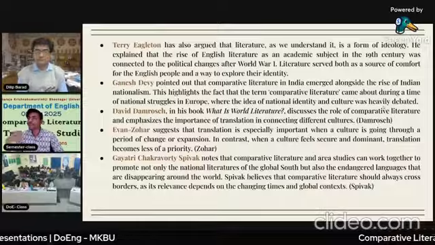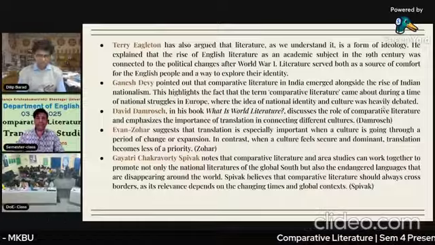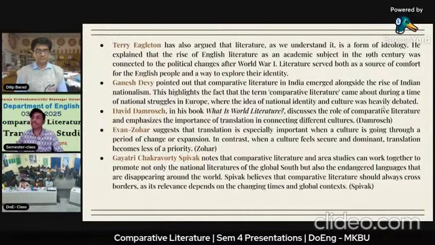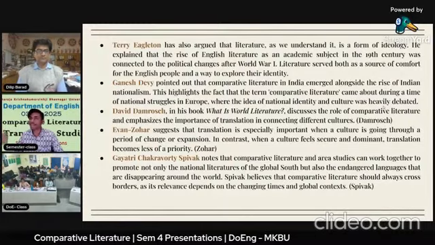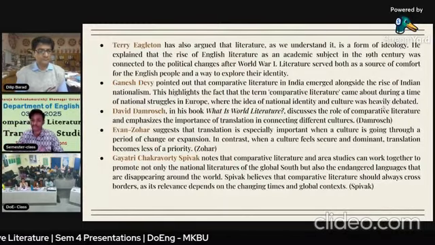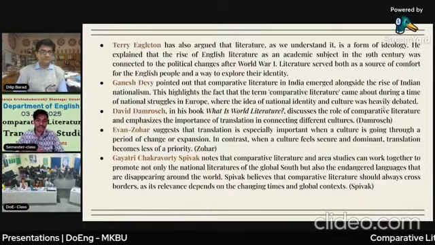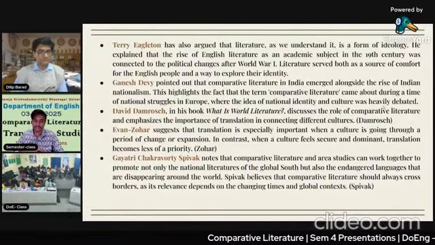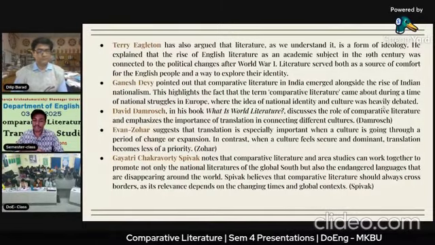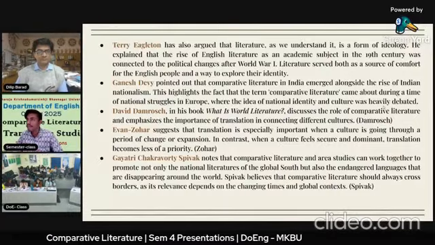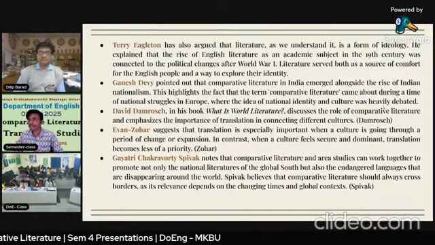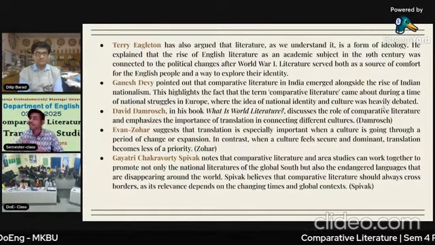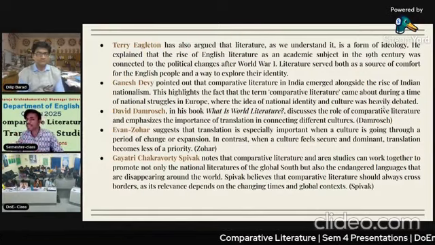We can find that some languages are no longer there. For example, most countries are speaking English, but the French are not speaking English so much, or not in that way. So Spivak also believes that comparative literature should always cross borders, and that its relevance depends on changing times and global context. We can see how comparative literature changes, how it is involved with people, and how it keeps changing from time to time as well.